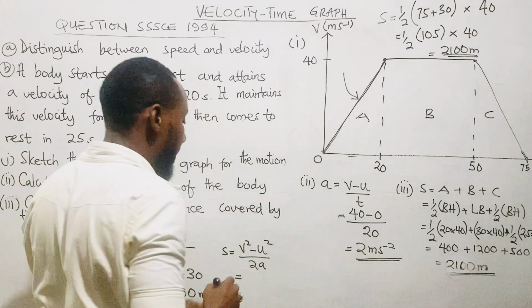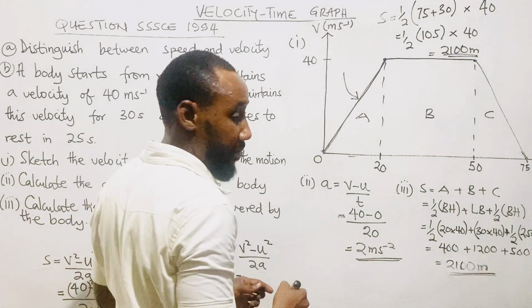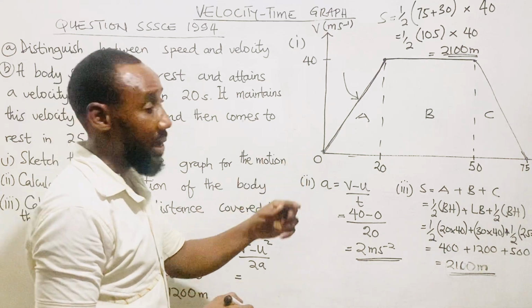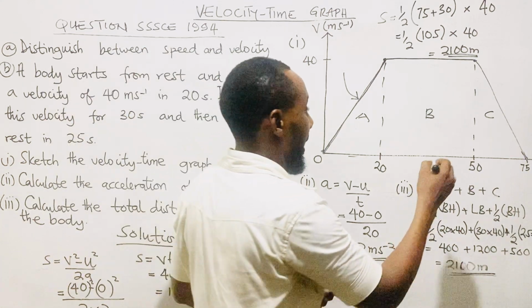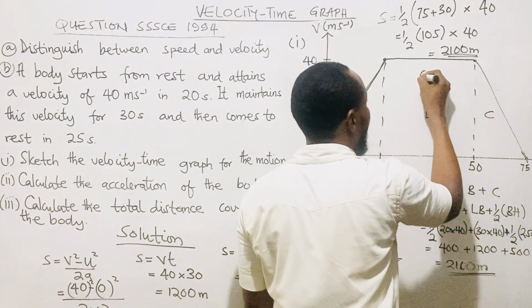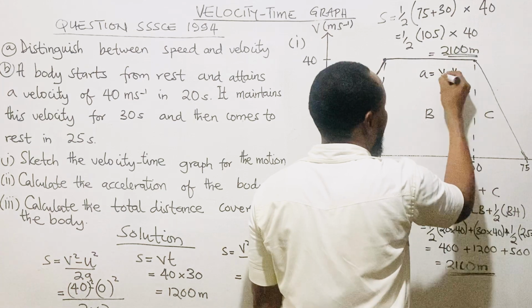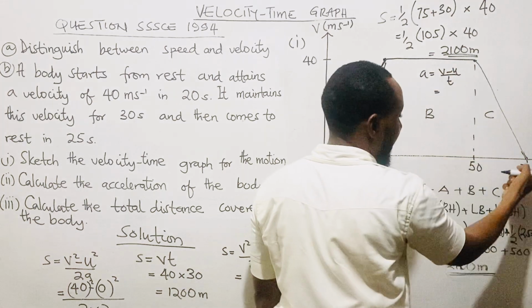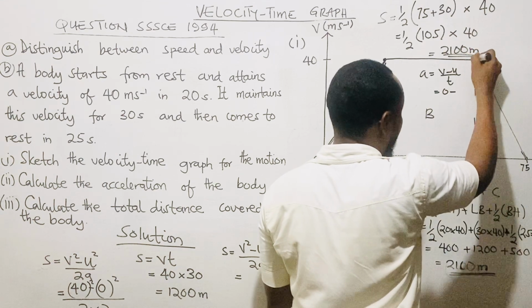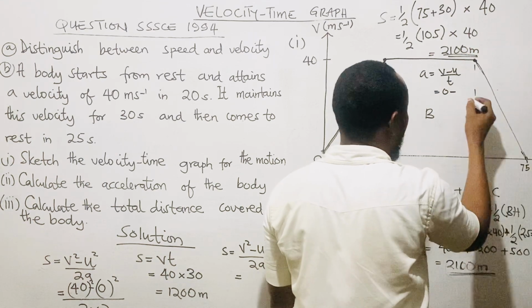And then for my last part, I can apply this formula again. But the problem here is that I don't have the acceleration for that part. So I have to find the acceleration before I can use that formula. So let us find the acceleration here. My final velocity is 0. It started from 40 and then came down to 0.